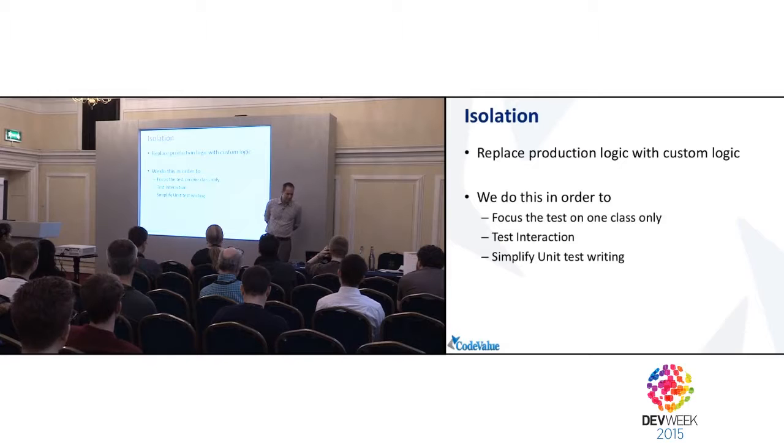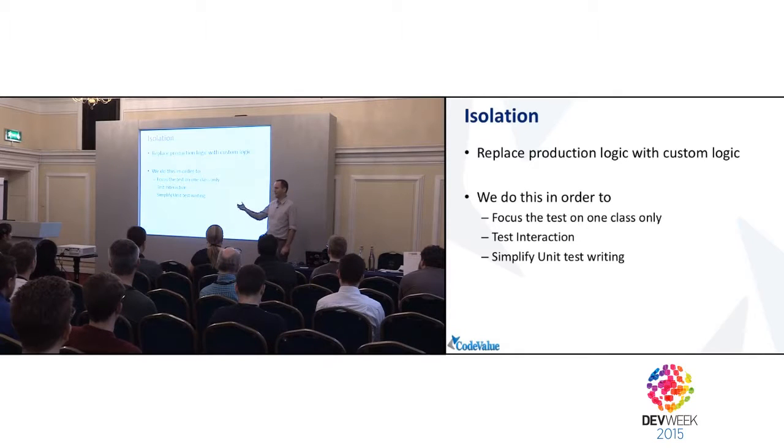So it enables me to do other nice things like test interaction as well. If I have an email client, obviously I don't want to send an email each and every time I run the test. So I'll replace it with a fake object. But now I have a problem. How can I make sure that the email was actually sent? So those fake objects need another capability in order to test interactions.